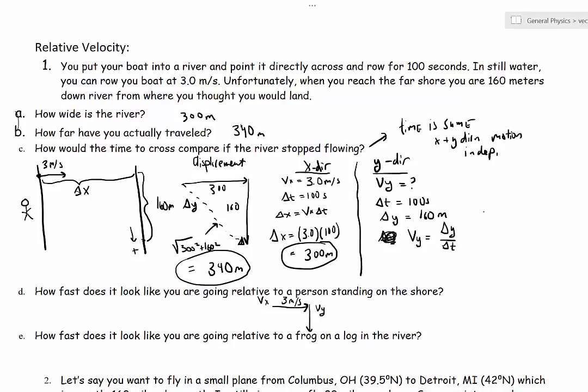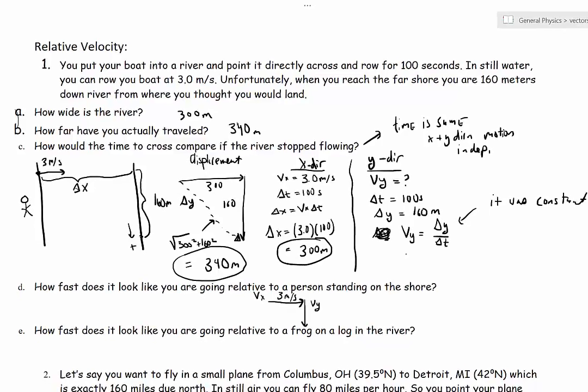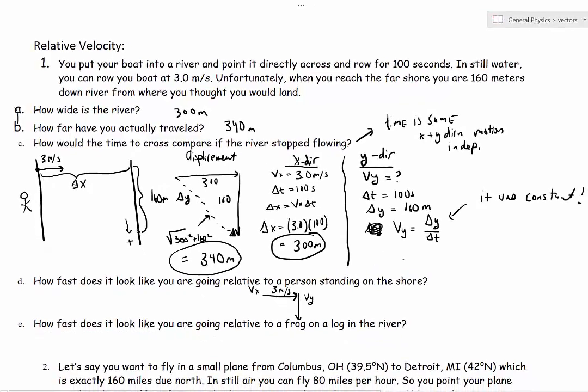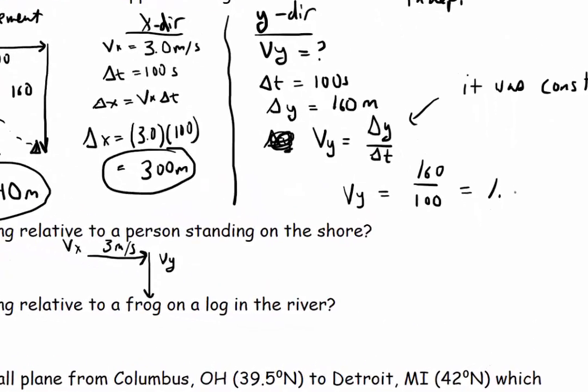It was constant velocity. So because it was constant, I can plug in to figure out what my velocity would be. My change in position was 160 meters. Took me 100 seconds. So my velocity would be 1.6 meters per second.